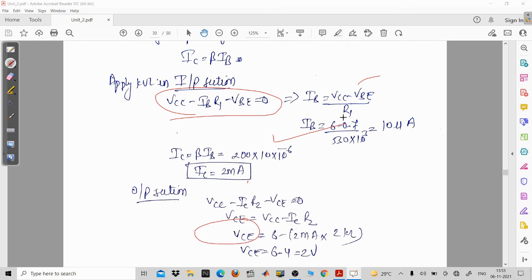So you can have the IB value, then you can see the IC value. And if you apply the KVL in the output port, the VCE value will be evaluated. In this way, you can find the collector current and the collector to emitter voltage, which is the operating point for the transistor. So this is all about the fixed bias circuit.